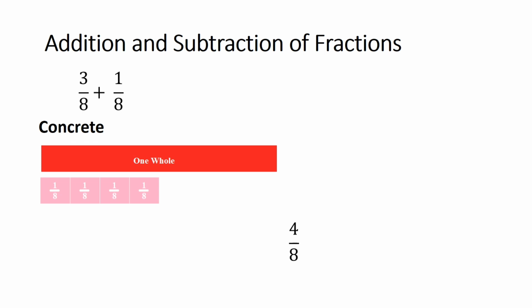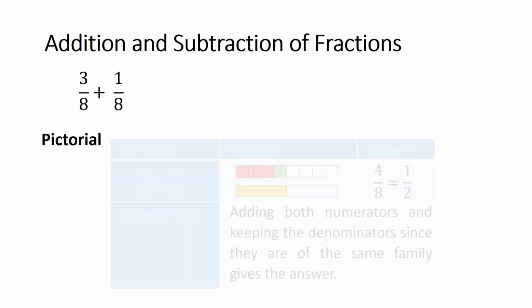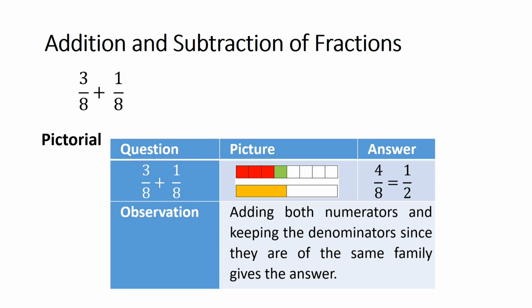Now that they have gotten a hang of it, they will move on to the pictorial representation, where the same examples that were used at the concrete stage are used in the pictures. And the students would then look at the questions, the pictures, and the answers, and from looking at them, they would have observed a pattern.